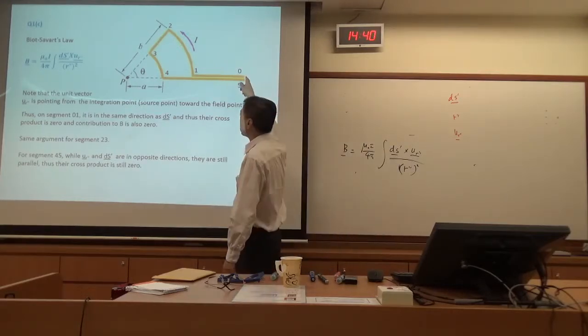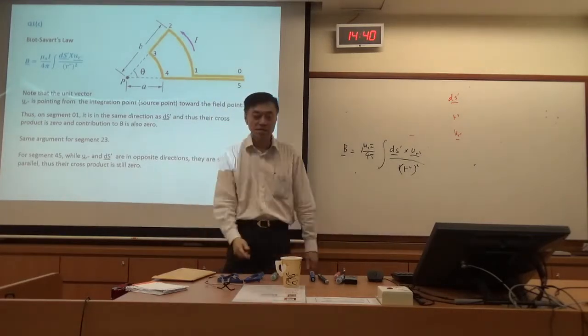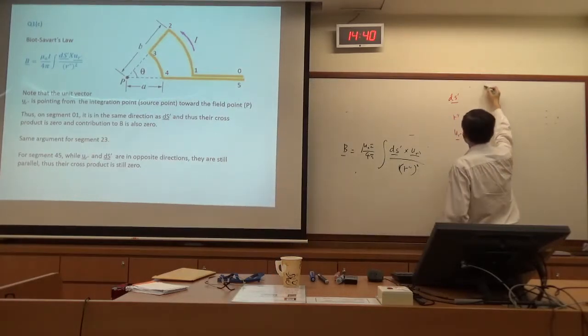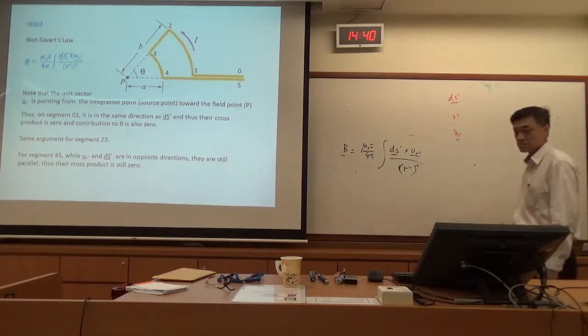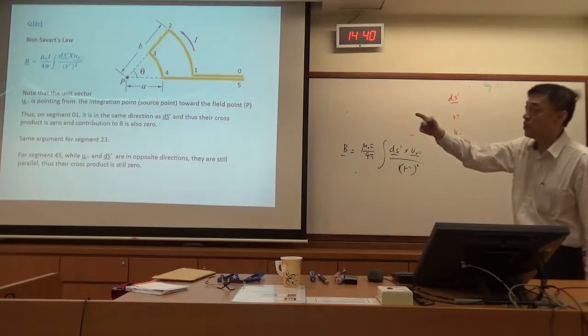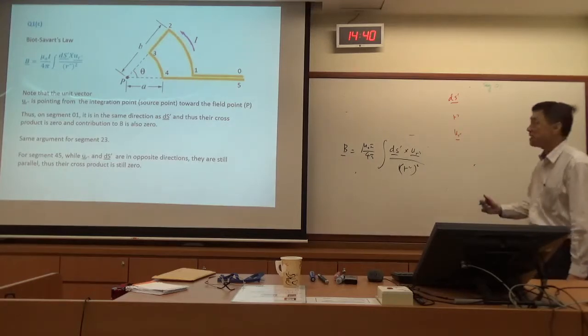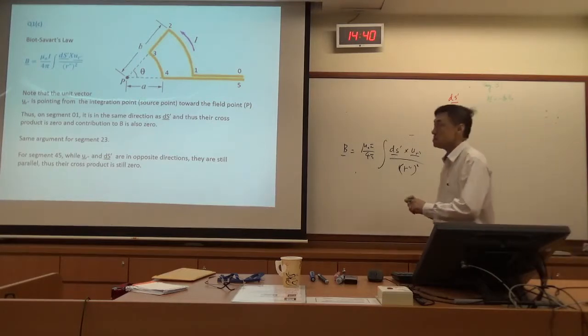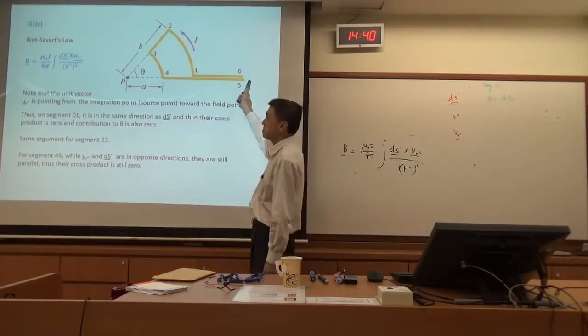Now, for segment 0 to 1, what is my ds double prime? My ds double prime is equal to minus dx ux, right?